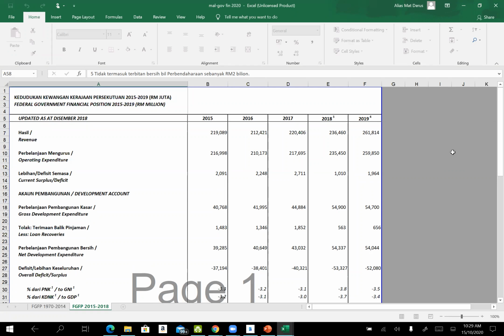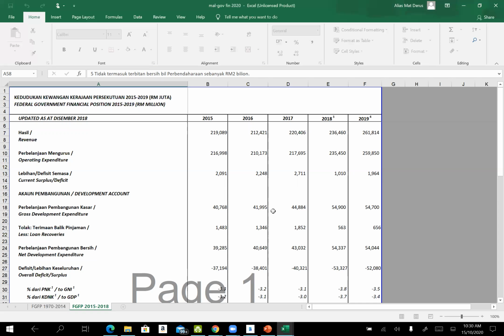You compare the revenue to the operating expenditure, and then look at the development expenditure. Sir, the revenue is only able to cover the operating expenditure? Yes. The revenue is a little bit more, but it is only to the extent of covering the operating expenditure.